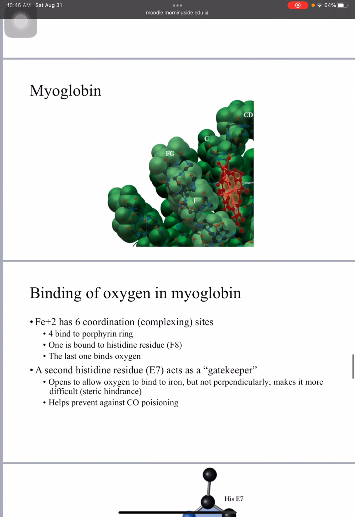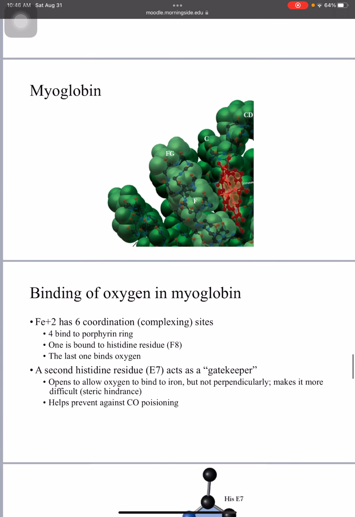It's a histidine. Hold on, I'm opening my book so I can see the full picture for reference. So you can't see it here, but again, look at the full picture on your own. You'll see below this iron, that little bond leading downward? That's the one attaching the iron to histidine F8. So that's how it's anchored within the myoglobin.